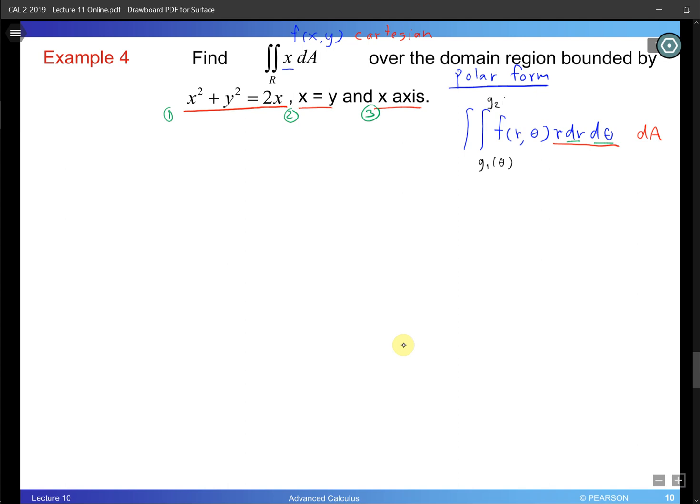You can think of this function as the line or the curve. Alright, this is theta. Okay, g1 theta is the start of the radius sweeping, and g2 theta, that is the end of the radius sweeping.